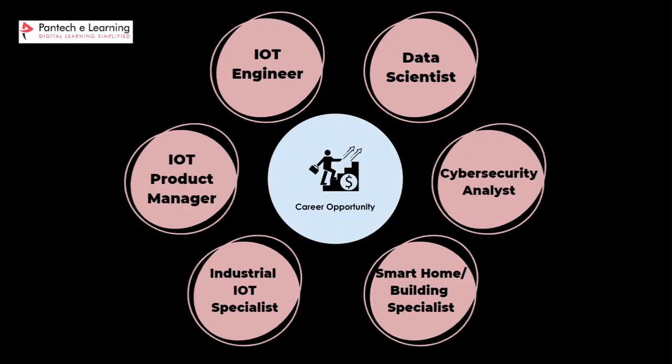Then cyber security analyst. With knowledge of IoT security protocols and risk, you could work as a cyber security analyst, again ensuring the security of IoT networks and devices. And coming to smart home or building specialist, with a focus on IoT for homes and buildings, you could work as a specialist designing and implementing smart home or building systems.